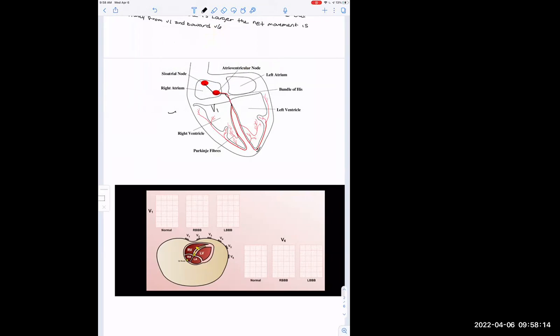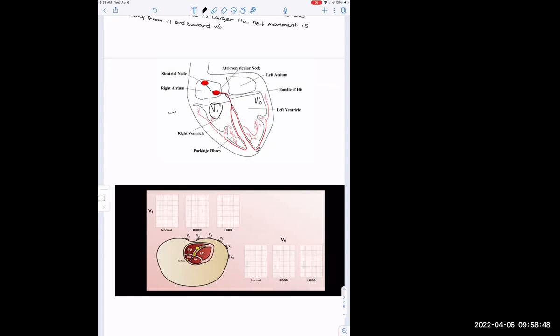Now, in the normal heart, this is what this is going to look like. So I labeled here V1 and V6. When we have that impulse that initiates and travels down the ventricles and causes depolarization of the ventricles in the normal heart, those ventricles depolarize and contract at the very same time or close to the same time.